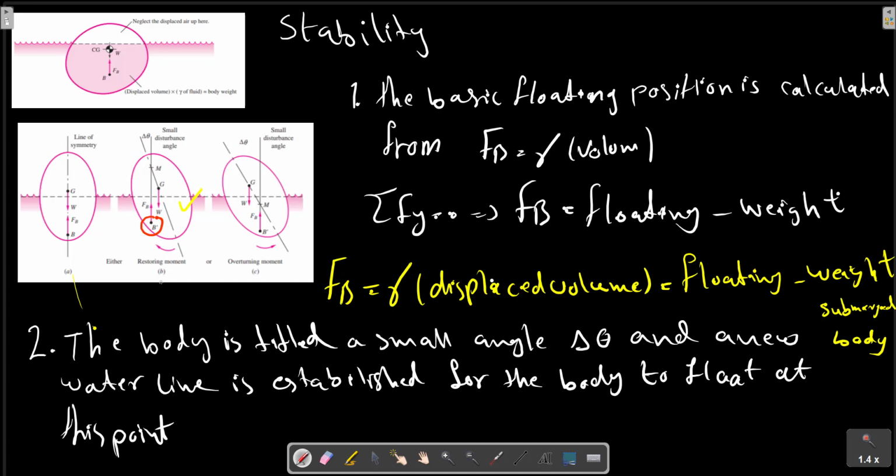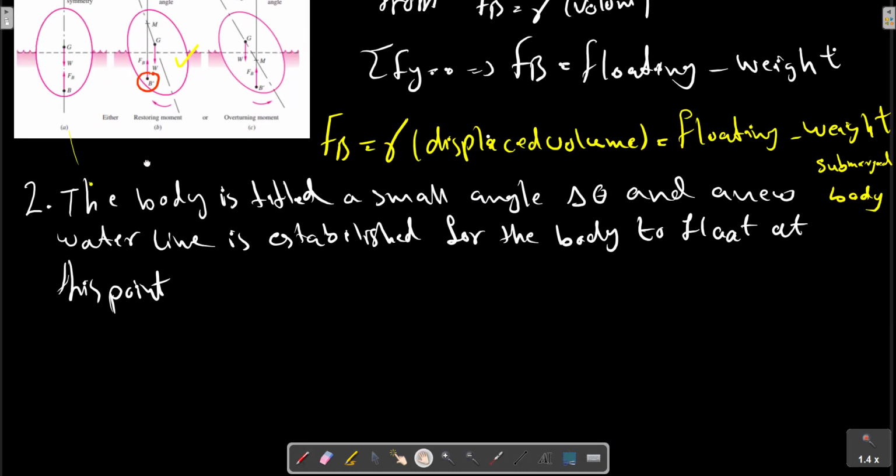A vertical line drawn upward from beta prime intersects the line of symmetry at the point M, called the metacenter, which is dependent on delta theta for small angles.